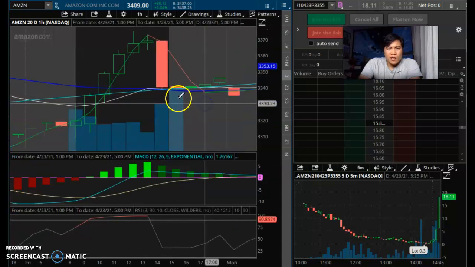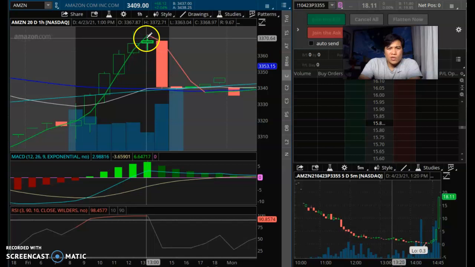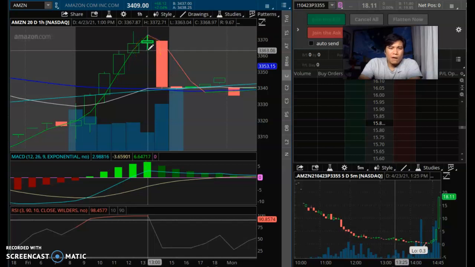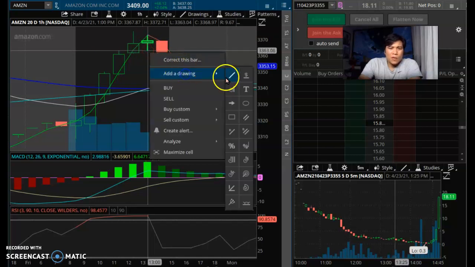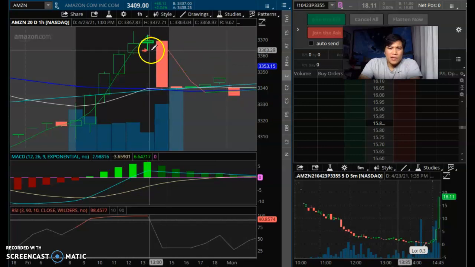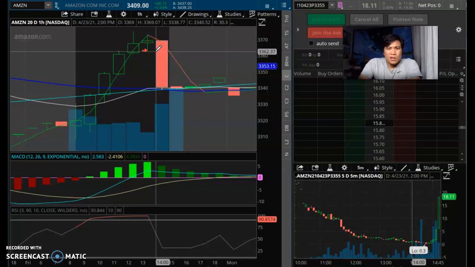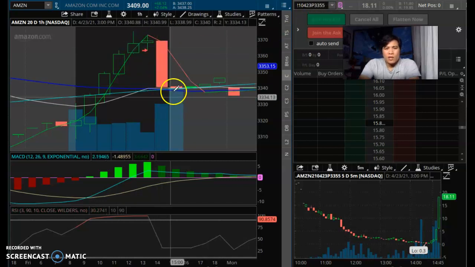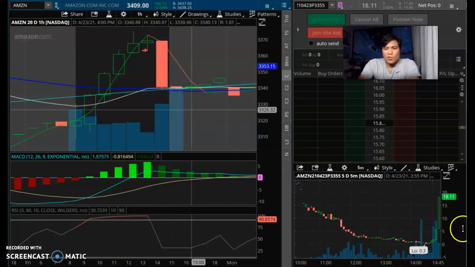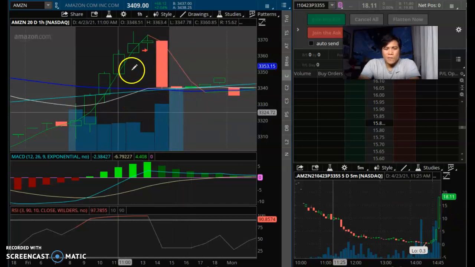So even if we make this doji the control bar, right? We can enter once the price moves lower than that bar right there. So 33.62, yeah, still 33.62, and then 33.55 is going to be the strike that we aim for. And then if it breaks down further than that, then we'll be making money, right?